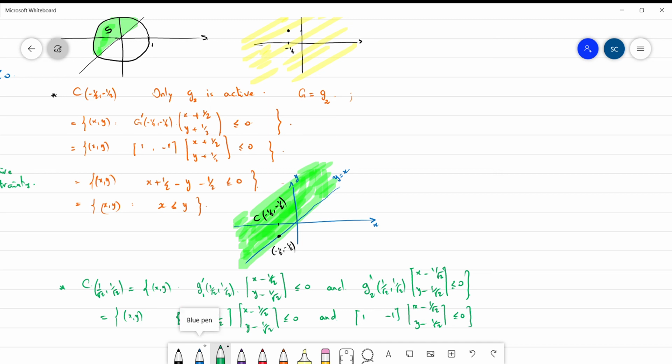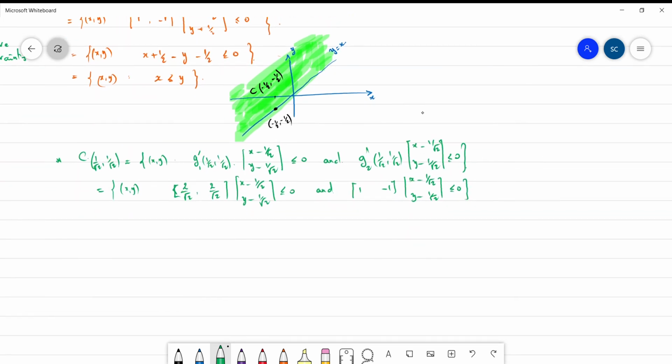Then we simplify by 2 over square root of 2, so we get the set of points x, y such that x minus 1 over square root of 2 plus y minus 1 over square root of 2 is negative, and x minus 1 over square root of 2 minus y plus 1 over square root of 2 is negative. Finally, it's the intersection of these two regions.